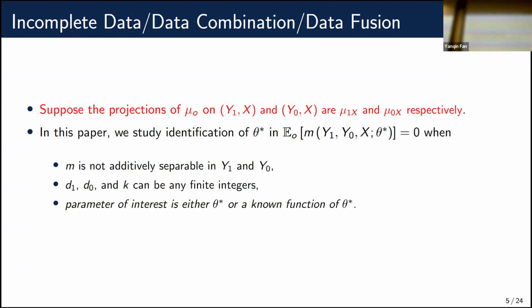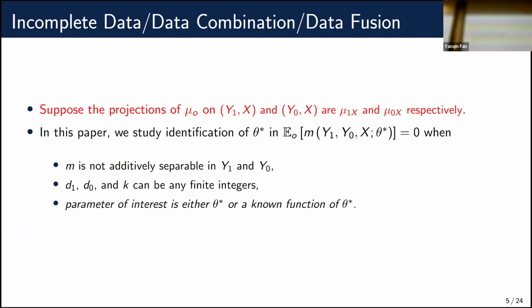This is like a comparability assumption. We assume that the true measure mu0, remember this is a joint measure on y1, y0, x, has the projection on y1 x exactly equal to mu1x, which is identified by the sample information.